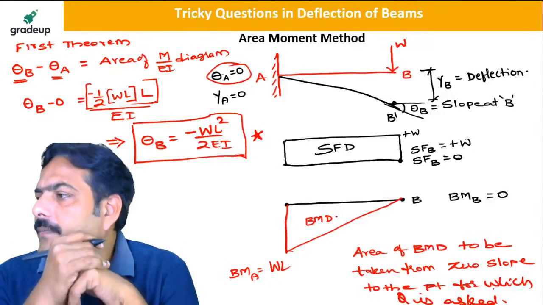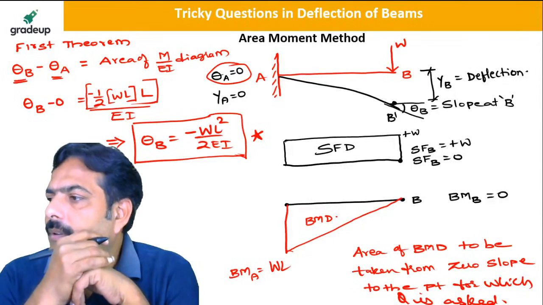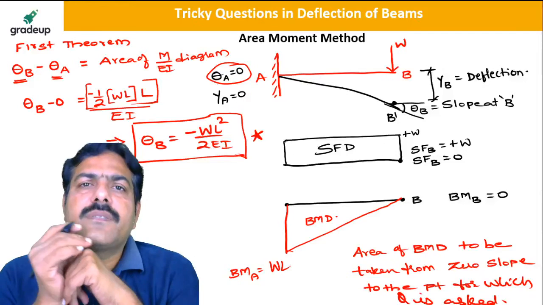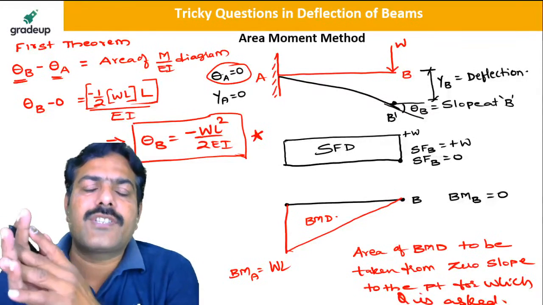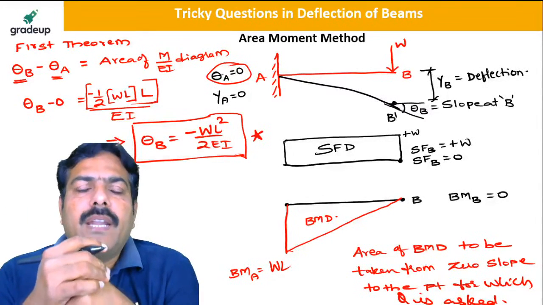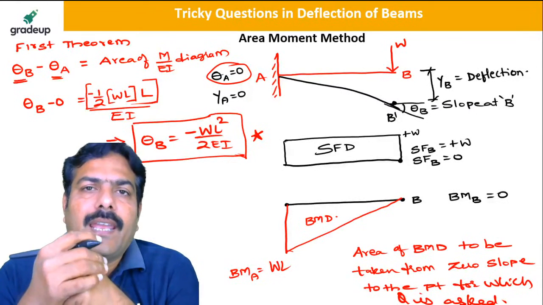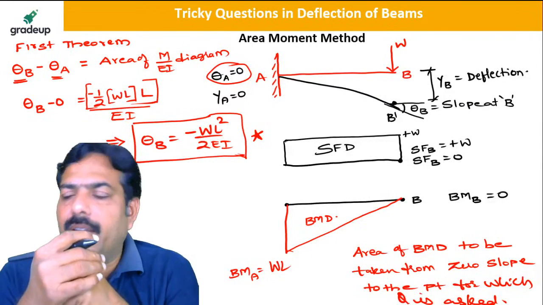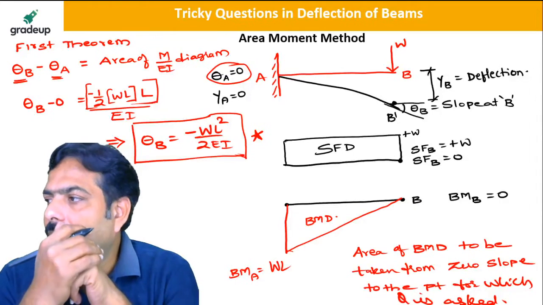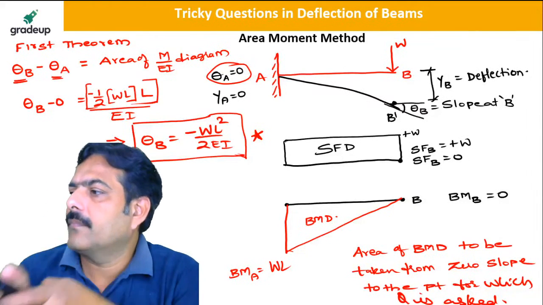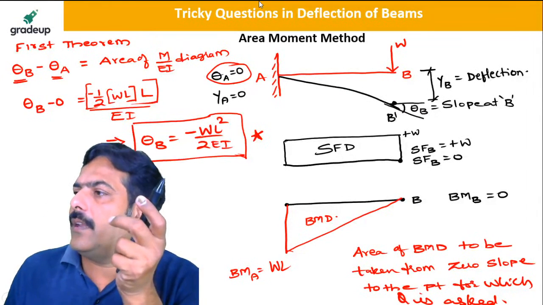Is this clear? Yes, generally this method is best suited for point load and external moment, because the bending moment diagram is a triangle or a rectangle, my dear friend. Is this clear? A triangle or a rectangle.